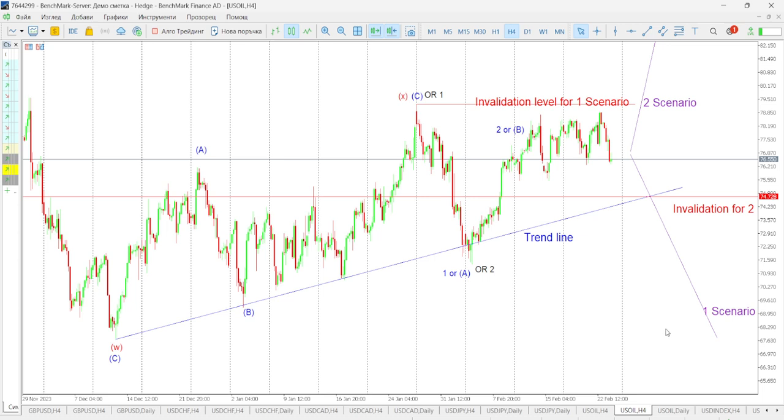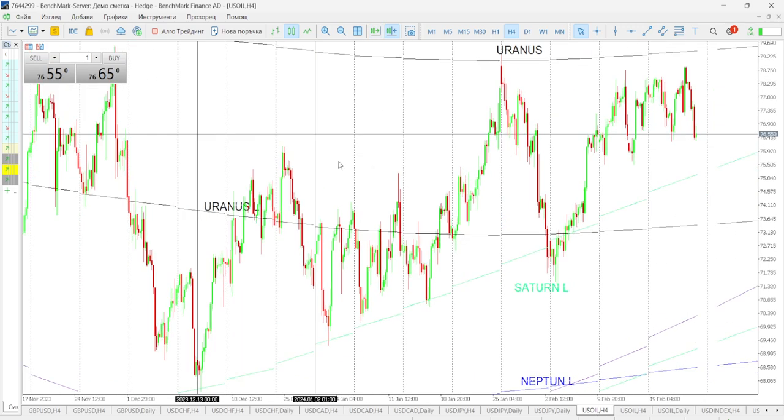The first scenario is, in my opinion, to continue going down in terms of Elliott wave. The second is to go up. As you can see, the invalidation level for the first scenario is here, I mean this Uranus line.